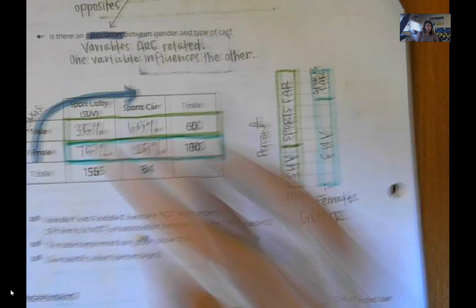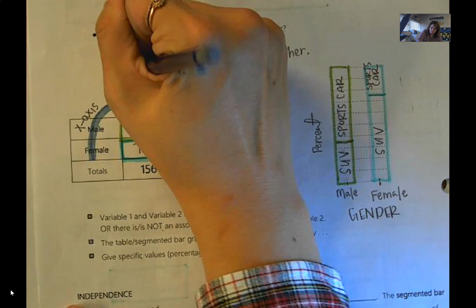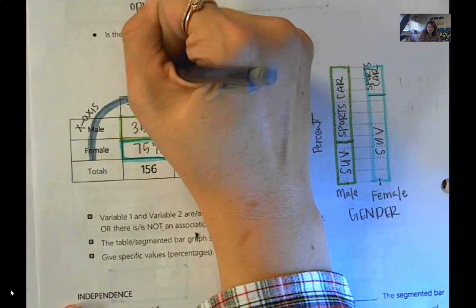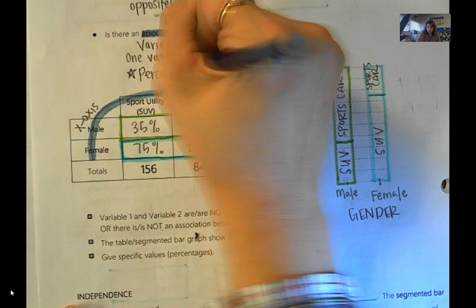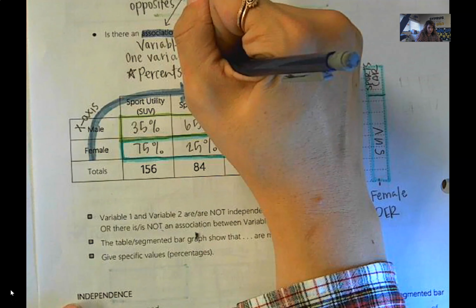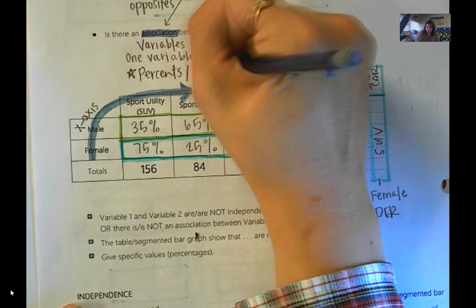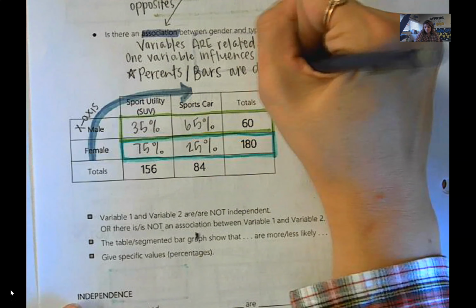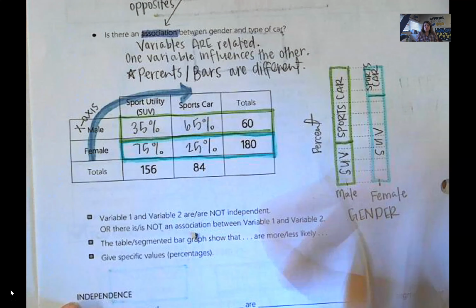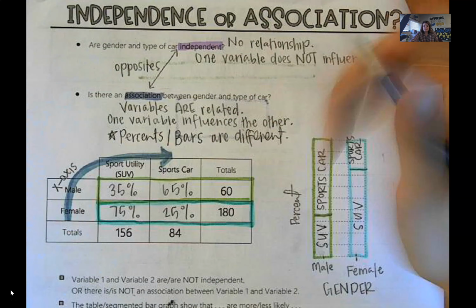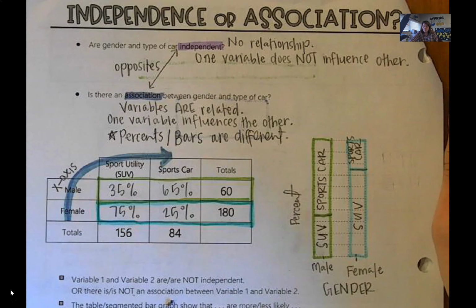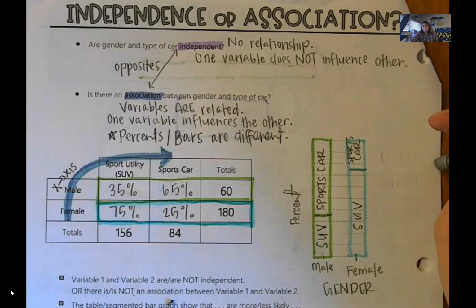So up here, I'm going to say in the association bullet point, if the percents and/or bars, and these are the bars that I'm referring to, are different, there is an association.